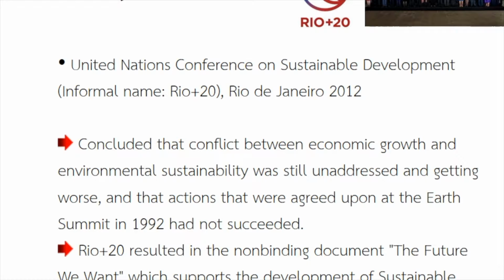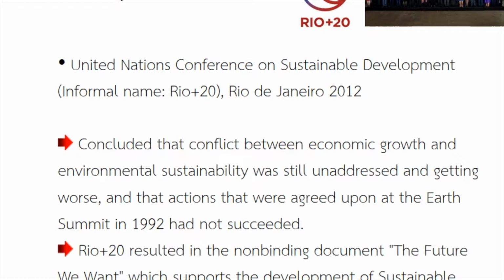That combining economic growth with environmental sustainability was a challenge that was not well addressed and a problem that was getting worse. And second, that the major actions that were agreed upon at the UN conference in 1992 had not been successful in the end at solving these problems.